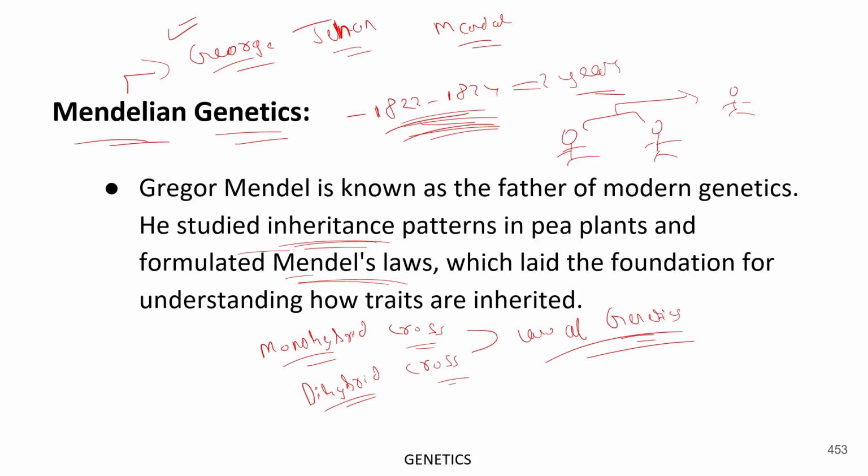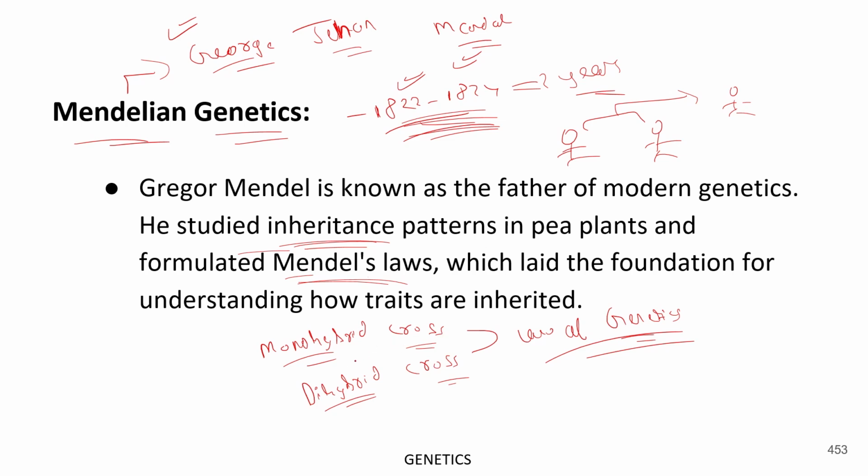How? Because the child could be male or female only. How is it possible? It is possible because of genetics, and genetics was not discovered during 1822 to 1824, because Mendel was trying to find out the genetics at that time.